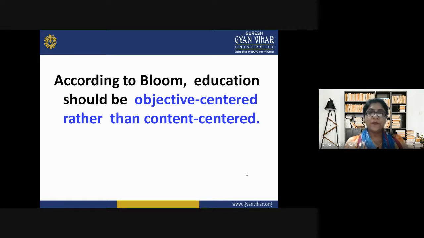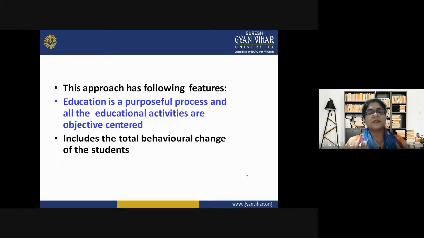Our thoughts should set a boundary of the cognitive, affective, and psychomotor domains, and out of them, what you are going to develop and what behavioral changes you are expecting.